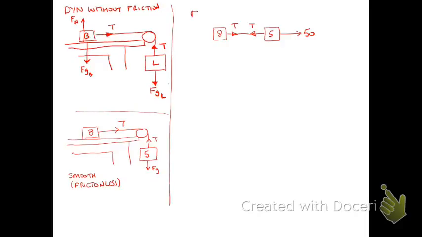I want to find T. I can pick either one of them. Let's say find T using the sum of the forces on the 8 kilogram is equal to the mass of the 8 kilogram times the acceleration of the 8 kilogram.